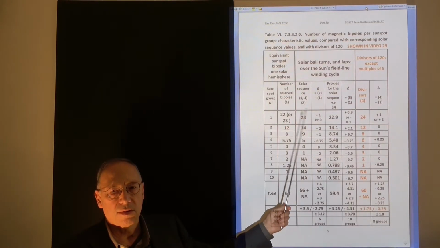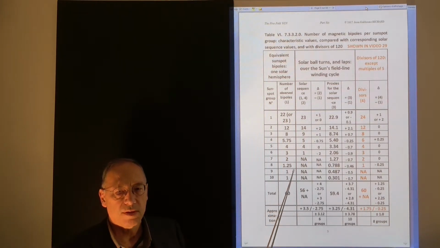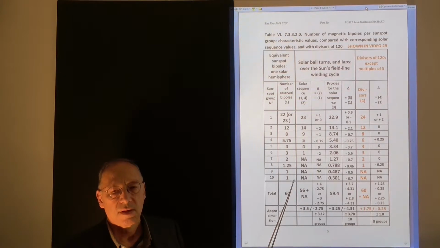This is how the numbers of B-poles are suggested to be spread among the top 10 most numerous sunspot groups at the surface of the Sun about the peak of the solar cycle.